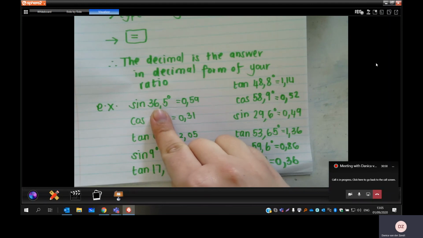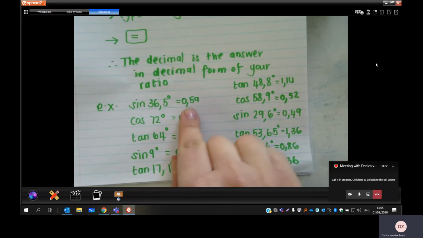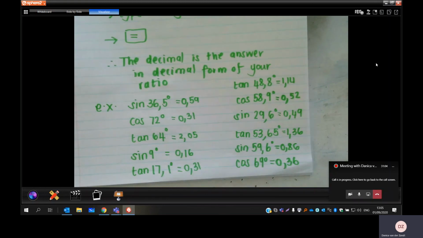And that opposite over hypotenuse will simplify to 0.59. So it is still representing opposite over hypotenuse, but now I actually have an answer for what that is. So tomorrow we're going to look at what happens when you get given the ratio, but you have to calculate the angle. Okay, let's pack up.